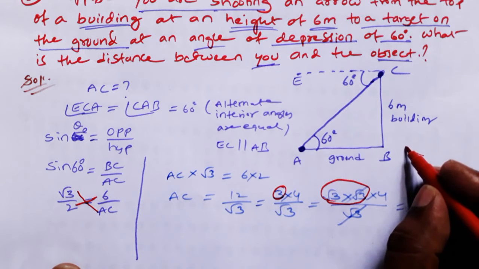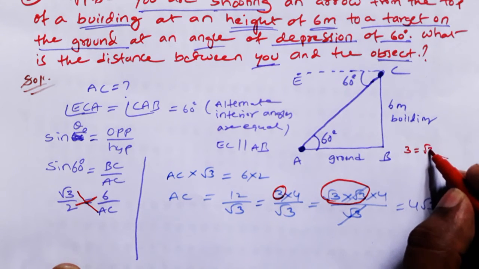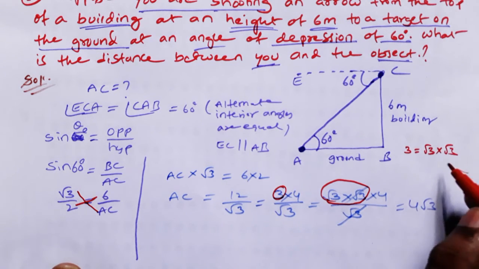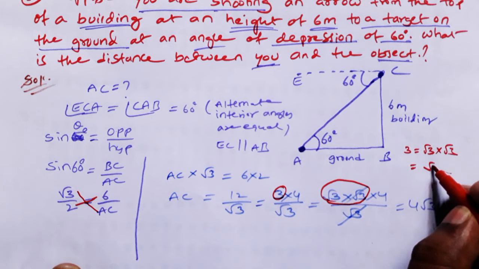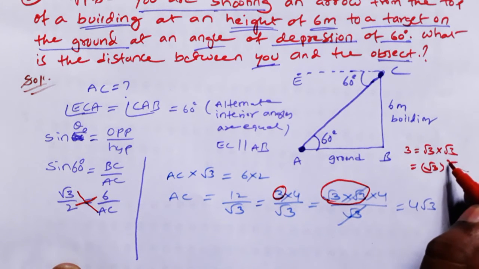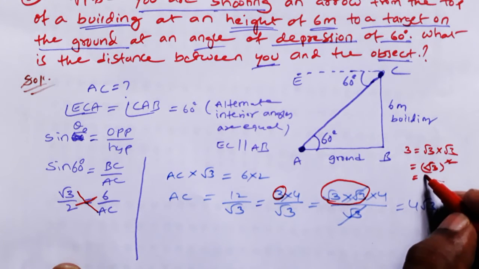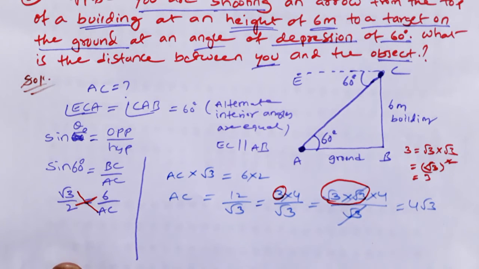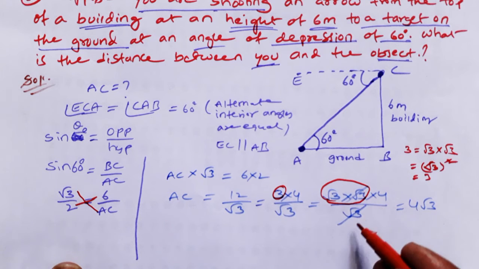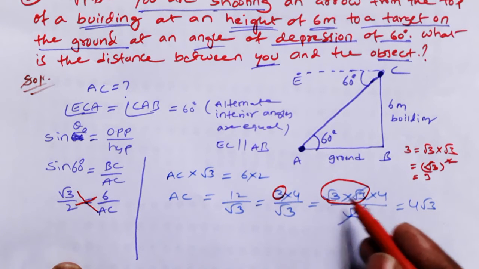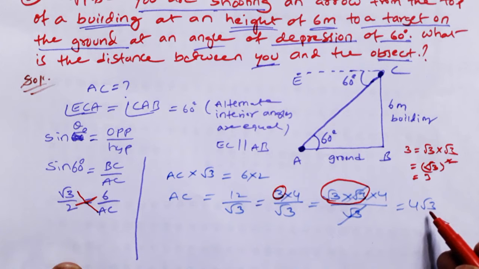See, root 3 into root 3 is nothing but root 3 whole square. Square root cancel. Answer is 3. So because of this we can write like this. Root 3 gets cancelled. Remaining root 3 will be there, 4 will be there. So 4 root 3 is the answer. AC is 4 root 3.